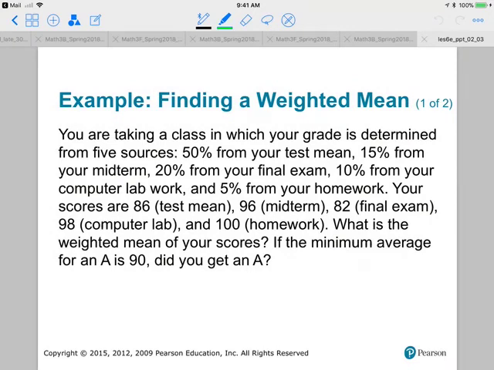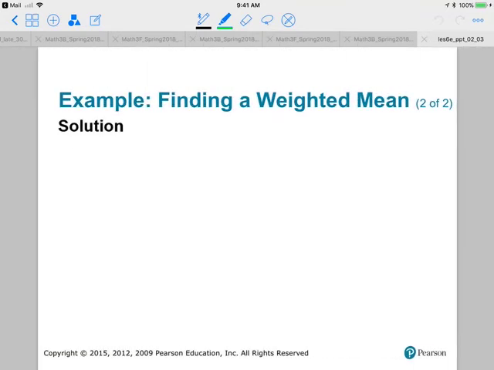Okay, so let's look at this example. Take a moment to read this example. All right, so here's what we want to do. We essentially want to use the formula.